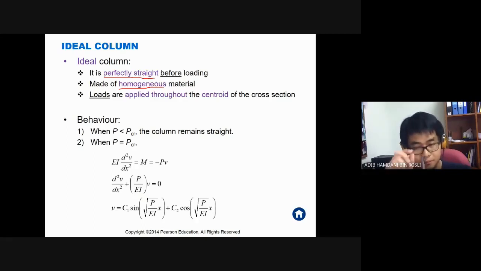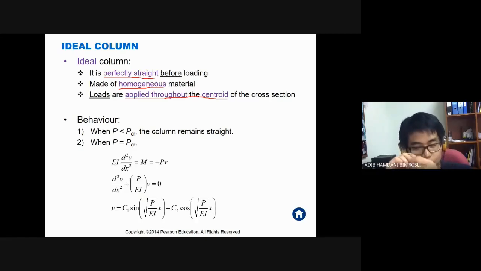The material throughout the volume has the same properties at any point and any location throughout the body. And the loads are applied through the centroid of the cross section. For instance, with a circular cross section, it will be applied at the center of the circle itself.